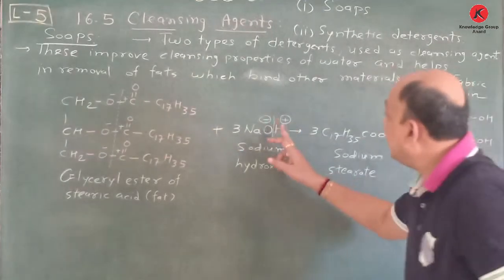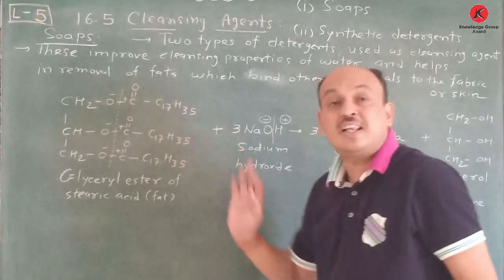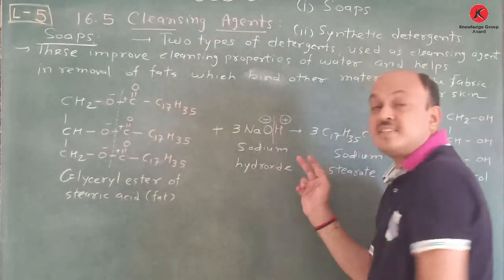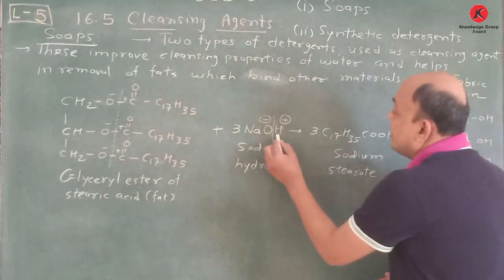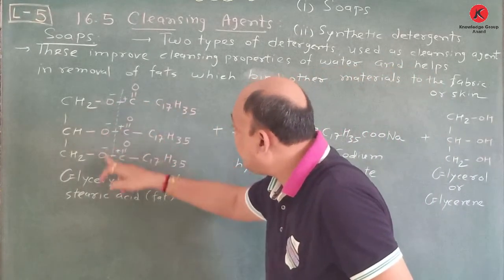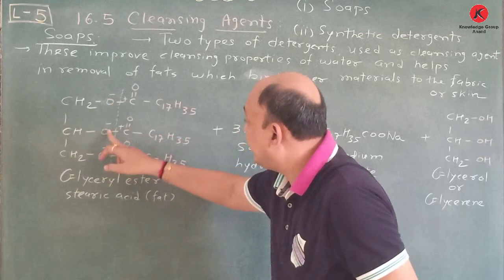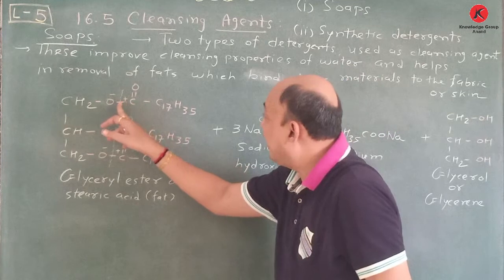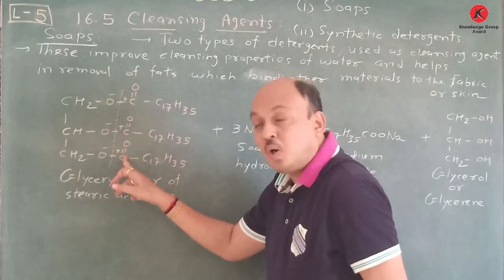So this positive is attached with negative and negative is attached with positive. That means hydrogen in sodium hydroxide possesses H plus charge. So they are attracted towards the O negative of this part, and here they join hydrogen, here hydrogen and here hydrogen, and here C double O and then ONa, ONa, ONa.